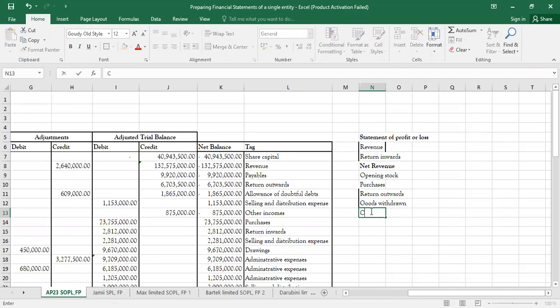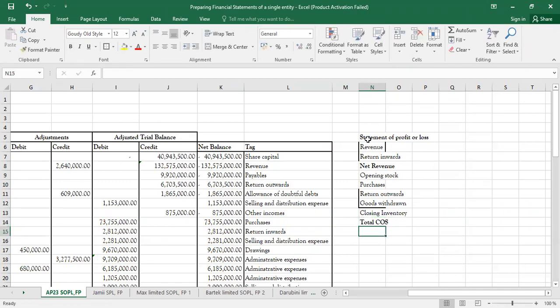So closing inventory. Then what else do we have under it there? I think there's nothing else. So cost of sale, Control Bold, total. I'll just write cost of sale as cost.